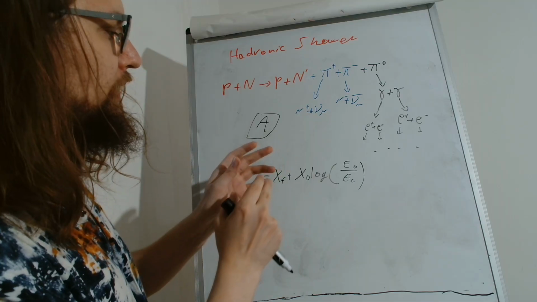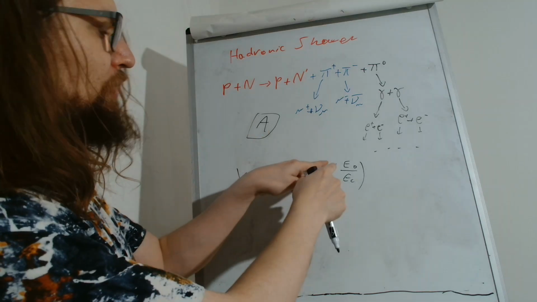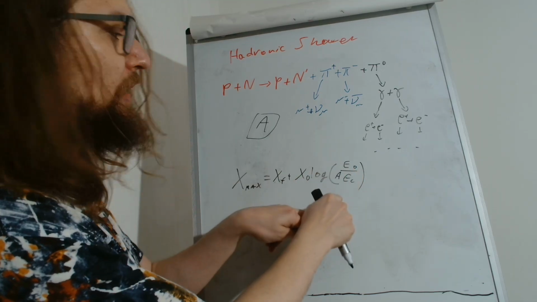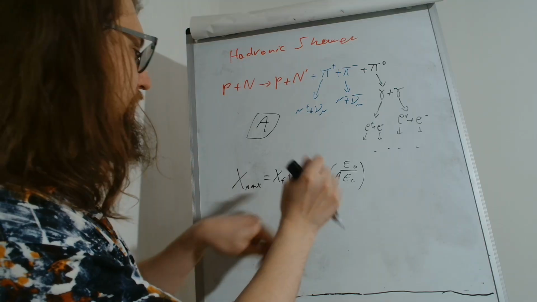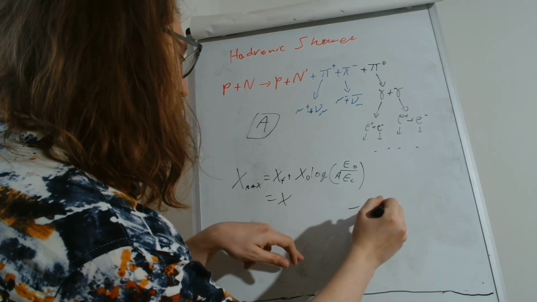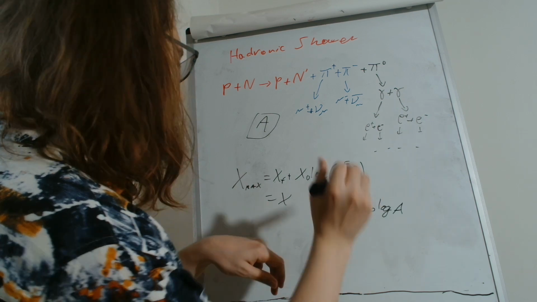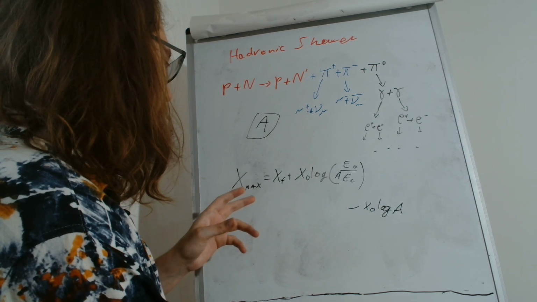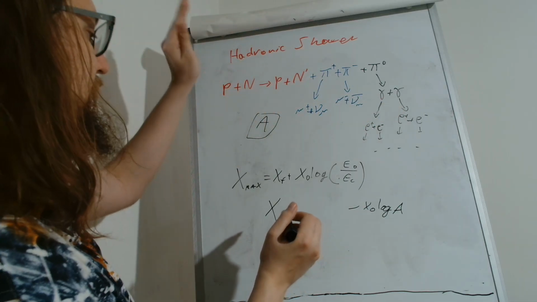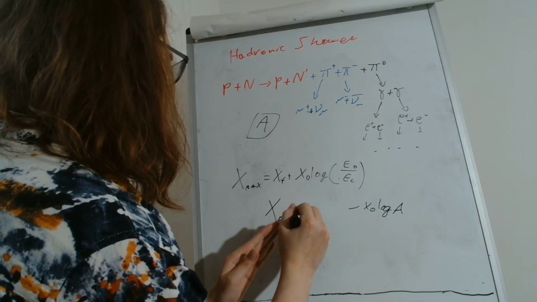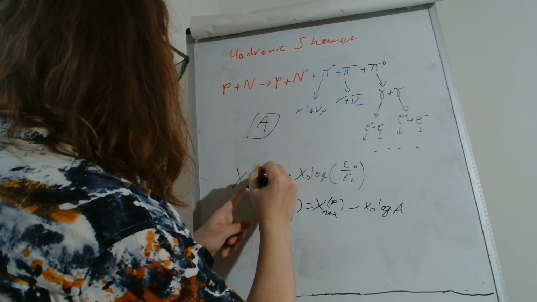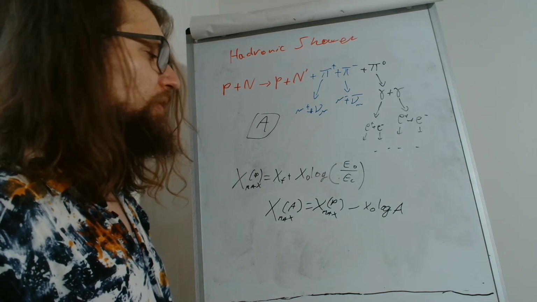So it is as if we had A nucleons, each one with energy E0 divided by A. So for the maximum we must put E0 divided by A, the energy of one nucleon, and this gives xf plus x0 times the logarithm of E0 divided by A EC, which is the previous result minus x0 times the logarithm of A. So the maximum of the electromagnetic shower for a shower initiated by a nucleus of mass number A is the maximum for a shower initiated by a proton, minus x0 times the logarithm of A.